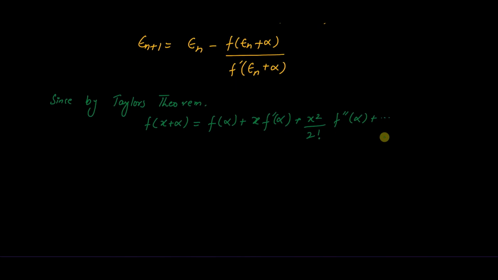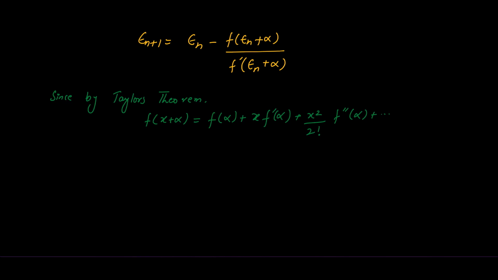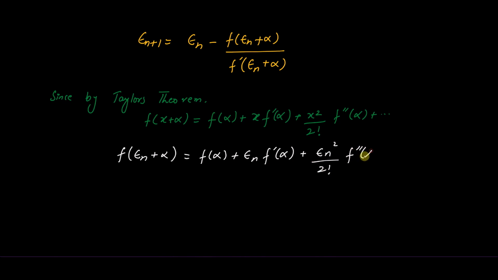We are just going to specify it according to our requirements, replacing x with epsilon_n while alpha remains the same. So it becomes f(epsilon_n + alpha) = f(alpha) + epsilon_n f'(alpha) + epsilon_n^2/2! f''(alpha) + and so on.